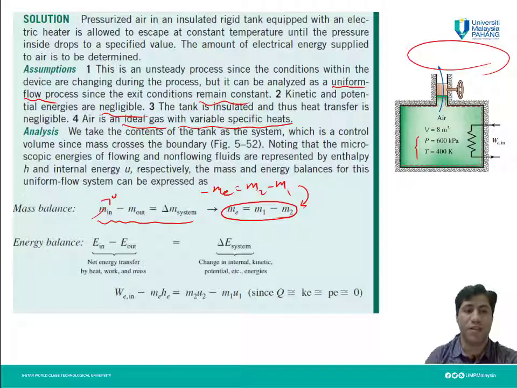Then if we write the energy balance equation for our control volume, we have E in minus E out equal to delta E of the system. What are the energies which transfer to the system? The electric energy which comes to the system by the heat resistor or heater, W e in.